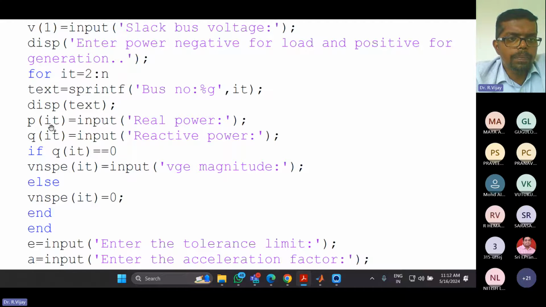P of it is equal to input of real power. Q of it is equal to input of reactive power that we have taken.